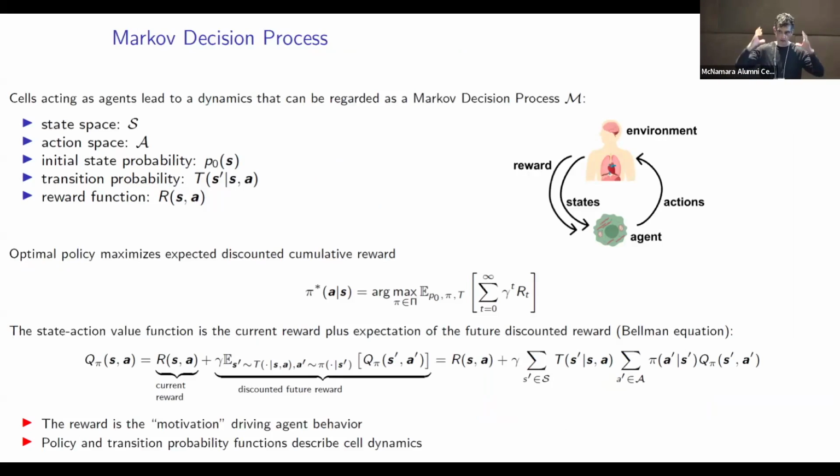So state says that you are in a particular state, and the action space says that if you are in a certain state and you're going to make a move, what action do you take, right? So that's drawn from an action space. An important idea here is a transition probability density function, which says that if you are in a certain state and an action, what is the probability that you will be in another state at the next move?